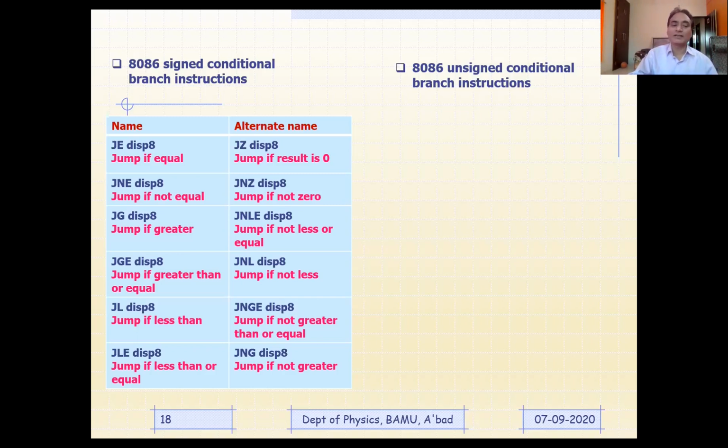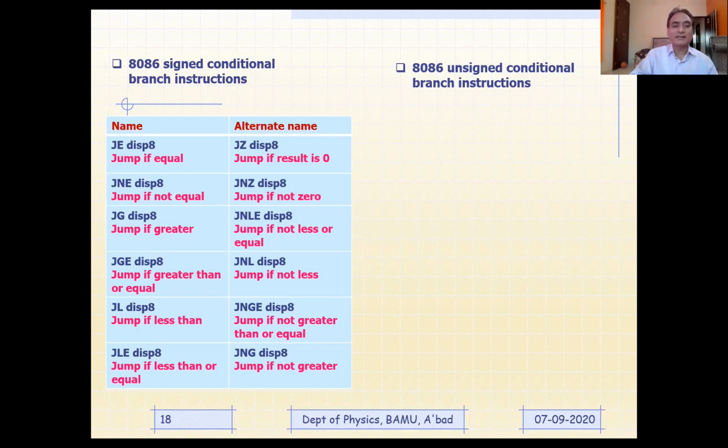Let us say AL is 2 and BL is 2. It means they are equal. So here you can use JE, jump if equal. Whenever AL is 2 and BL is 2, it is going to jump to that particular address. If not, it is going to follow the next address.